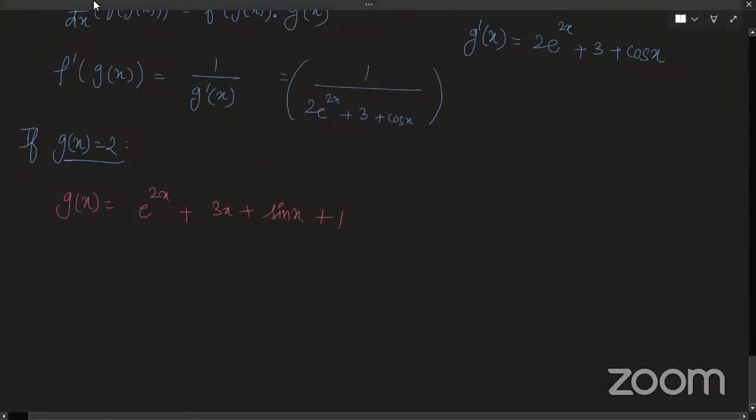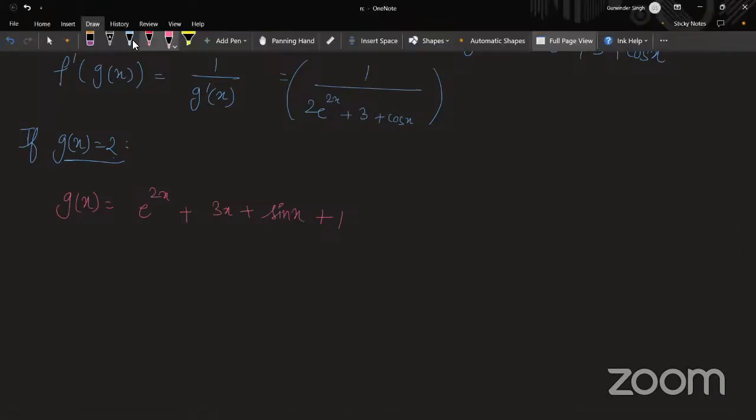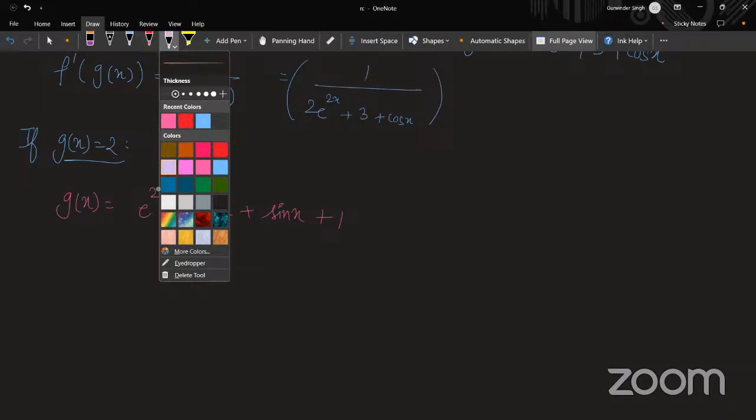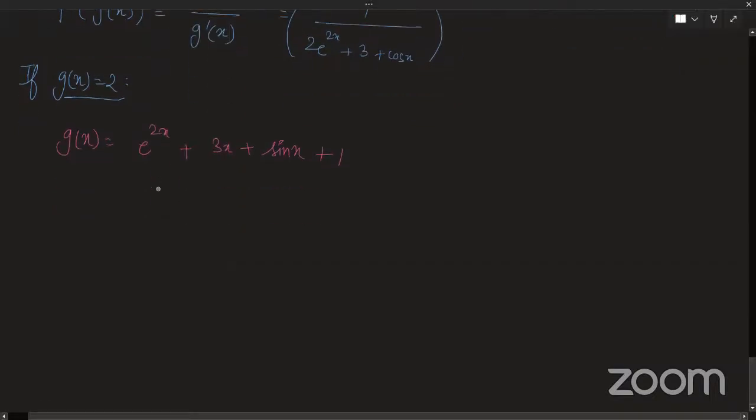Anyone, just try inputting random values and check. It is really simple to think. Anyone, any guess? I have already found out. 0. Yeah, correct. x is equal to 0, right?